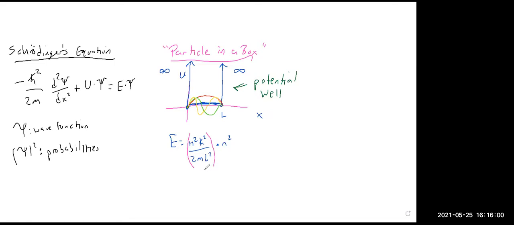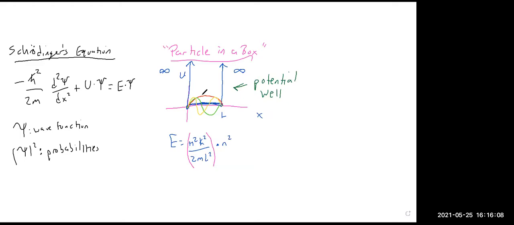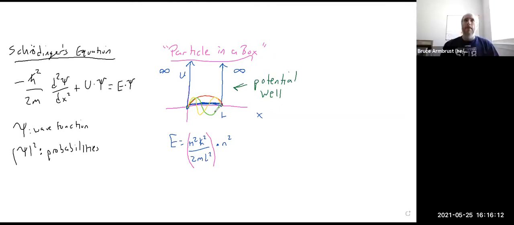N was the different number of wavelengths, correct? Sorry, which was N? N, yeah. N corresponded to how many of these things we got. Exactly. Because for the base case, we had 1/2 a wavelength was equal to L. The next one we had 1 wavelength was equal to L, and then we got 1.5 wavelengths was equal to L. And if we simplified that, that's where that N came in.